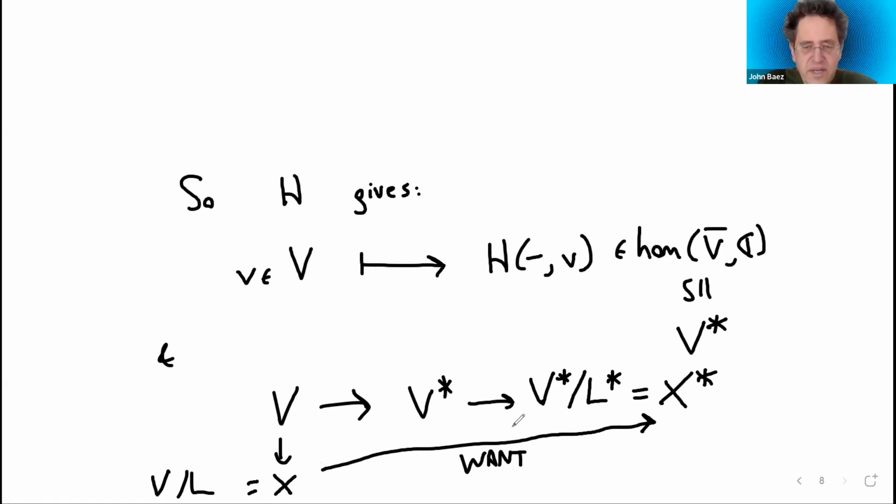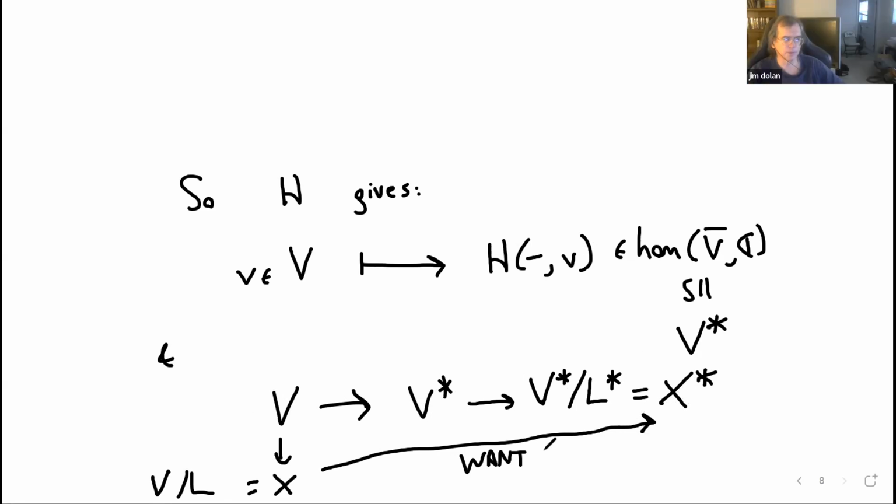But that's the integrality property of H. H has the property that if V is in the lattice and you stick in anything else in the lattice, you get an integer. So if you've got a guy in the lattice here, it gets sent to a linear functional that takes integer values on the lattice. So then when you go over here, it's the identity on the lattice.